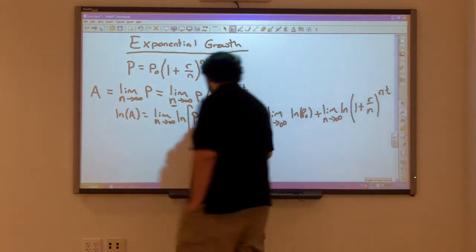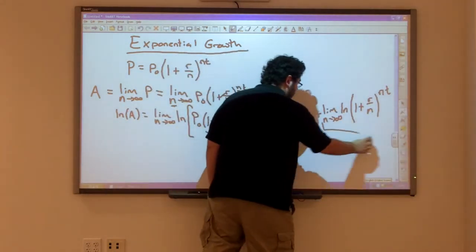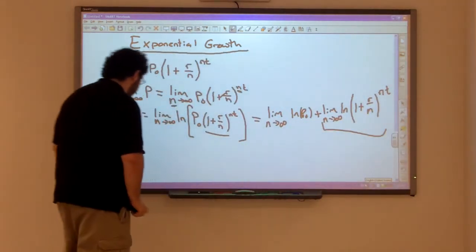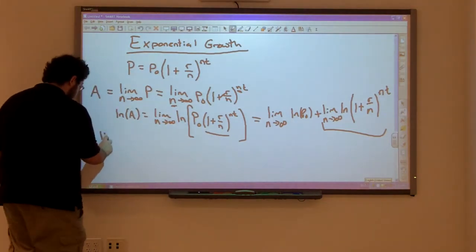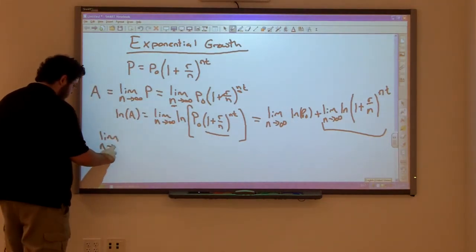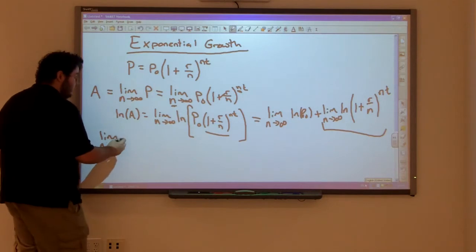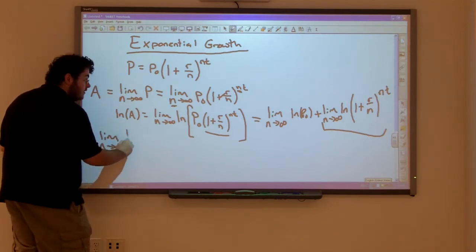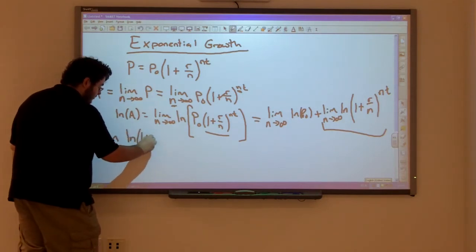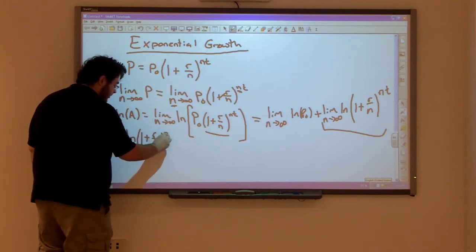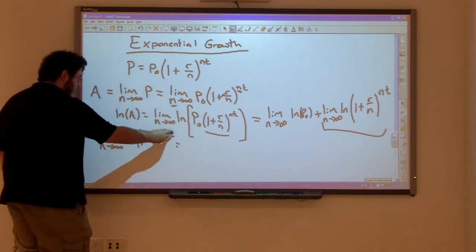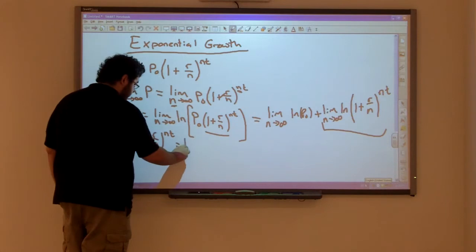For right now, let's just focus on this part. That part is going to be the limit of the natural log of (1 plus r over n) to the nt. Well, we can bring the exponent down because it's a log.